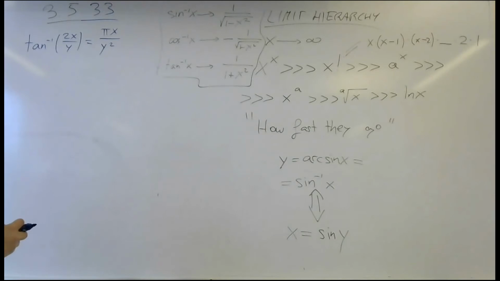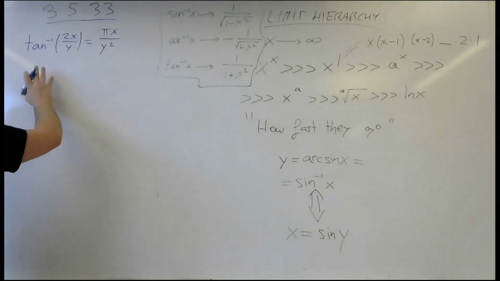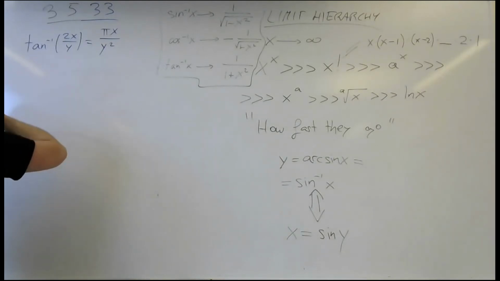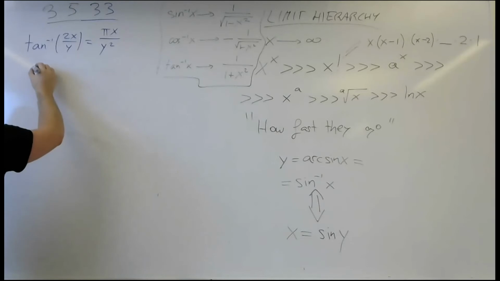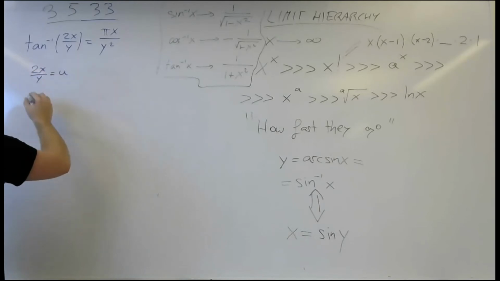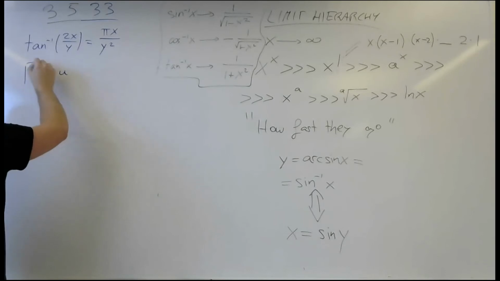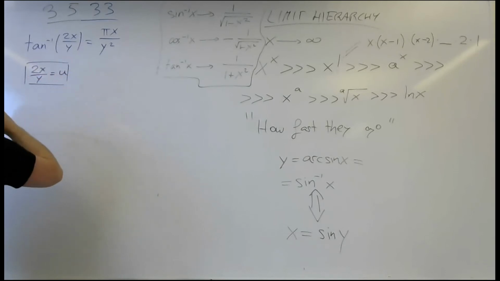So now we have to strong arm this and derivate it as it is. So let's derive the first side. We say 2x over y is equal u. And so the derivative of the first side is u prime over 1 plus u squared.